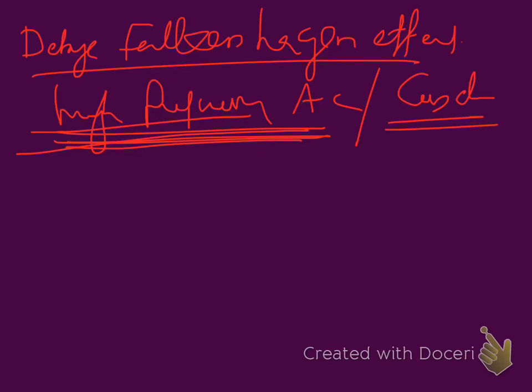When very high frequency AC current is used, of the order of 3 to 5 megahertz, an increase in molar conduction of the electrolyte can be seen. This fact is known as the Debye Falkenhagen effect. How can it be explained?